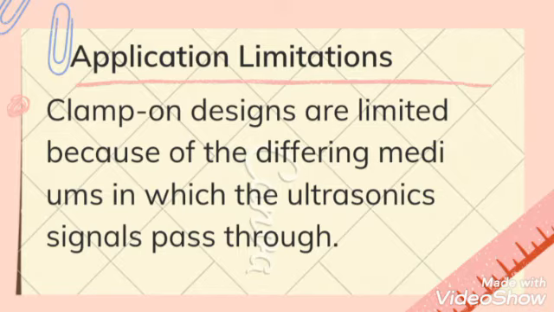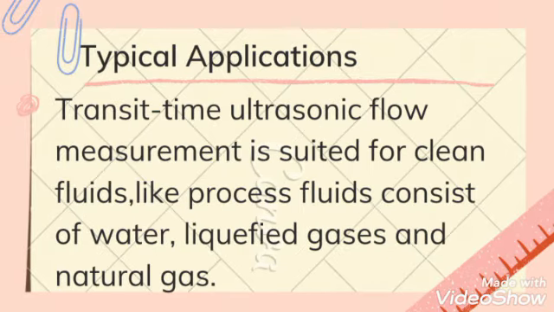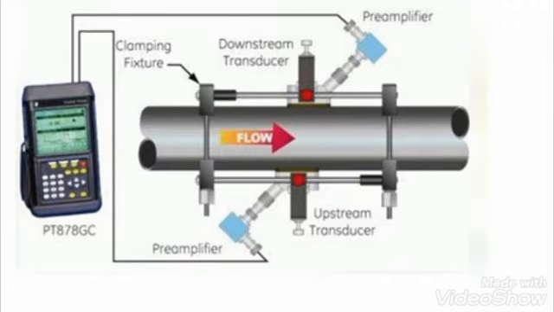Clamp-on designs are limited because of the differing medium through which the ultrasonic signal passes. So there are a few mediums through which the ultrasonic energy can pass. Transit time ultrasonic flow measurement is suited for clean fluids, like process fluids consisting of water, liquefied gases and natural gas.